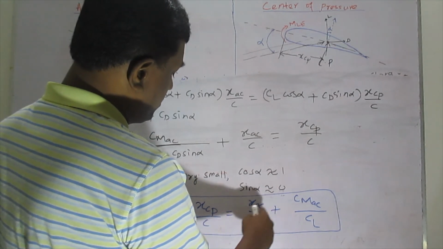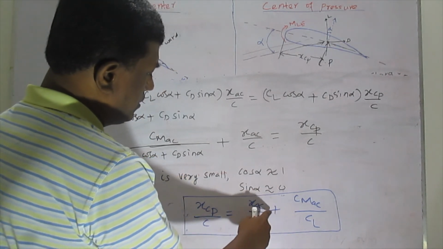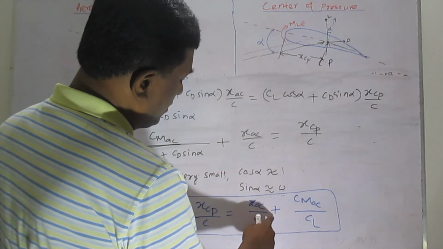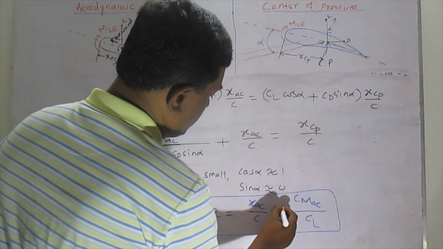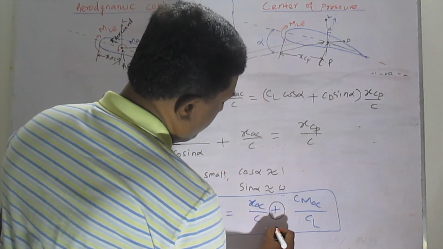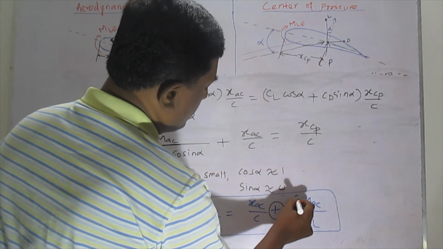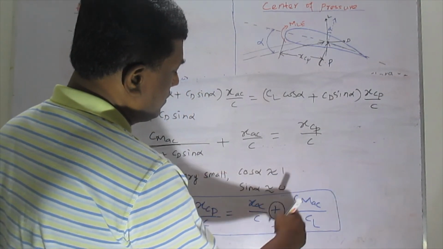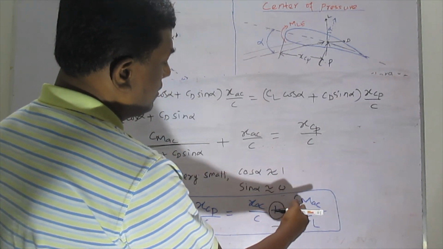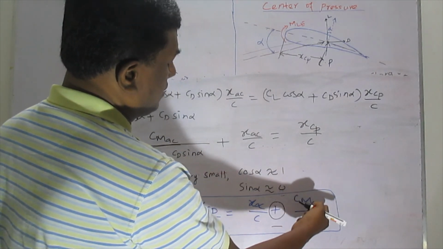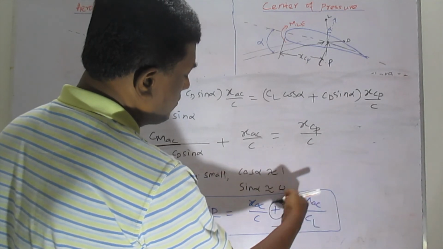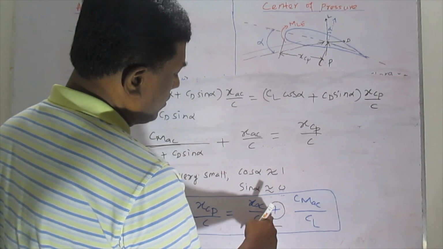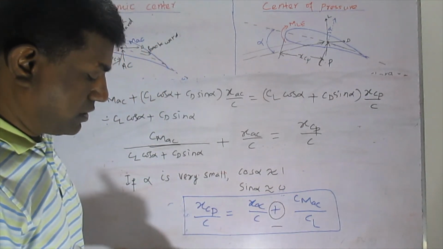Students should not be confused that in most of the books this sign convention is given as negative, so they consider CMAC as negative, and negative and negative become positive. But since I have included the original sign convention in the CMAC, that is why I am putting positive. I hope this is clear.